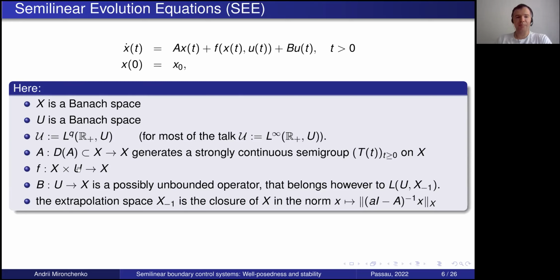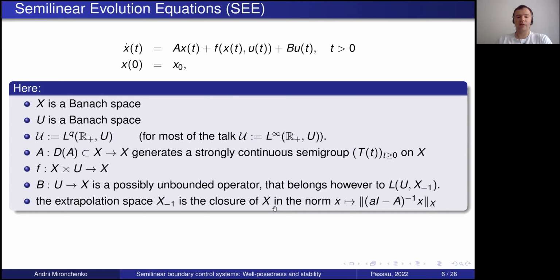And B is an unbounded operator mapping U to X. But since it is an unbounded operator, it may not be defined on the whole U. But we assume that it is a bounded operator from U to X_{-1}, where X_{-1} is the extrapolation space.